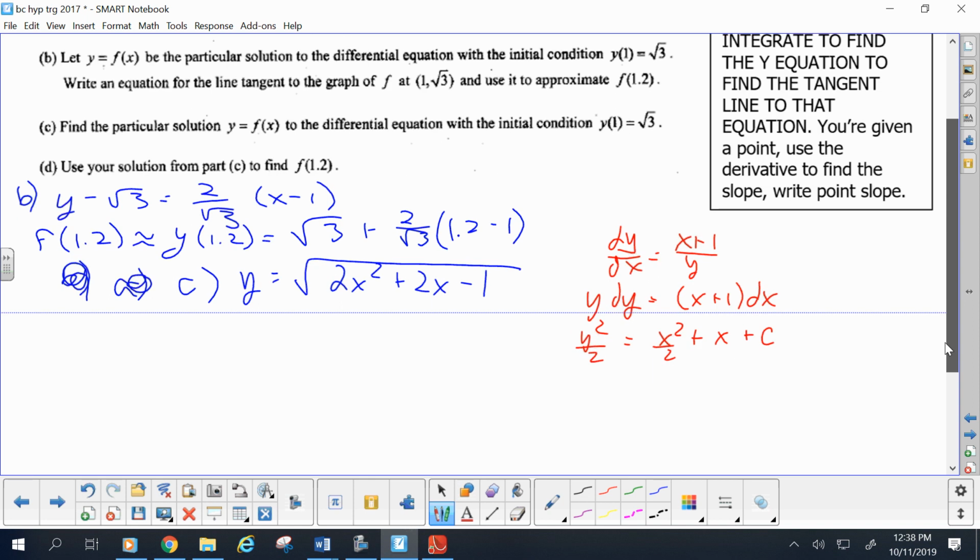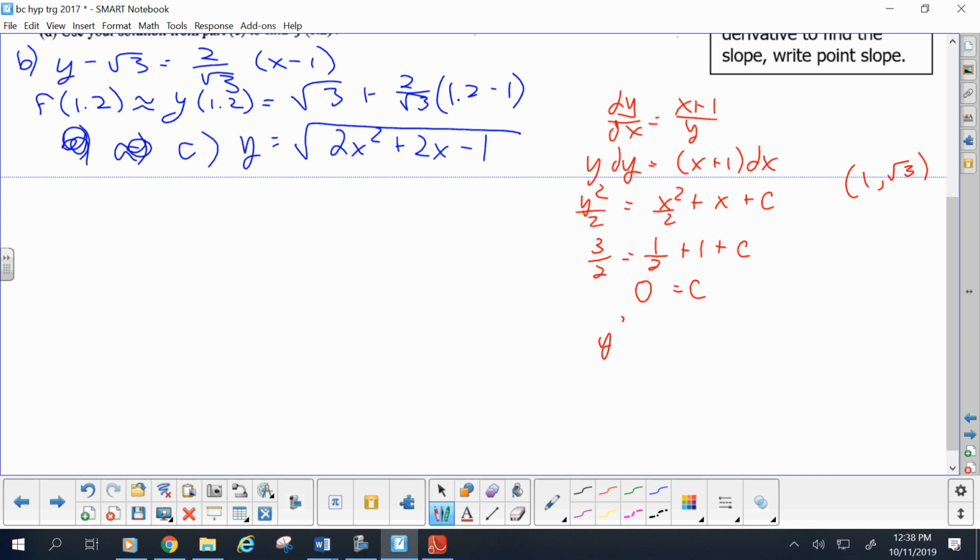So now let's put in the initial condition. It says use the point 1, root 3. So when I put in root 3 on the left, what do I get? 3 halves. 3 halves equals 1 half plus 1 plus c. So c is 3 halves. Okay, so y squared over 2 equals x squared over 2 plus x and no c.